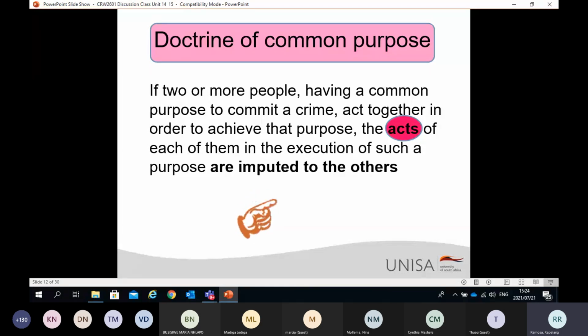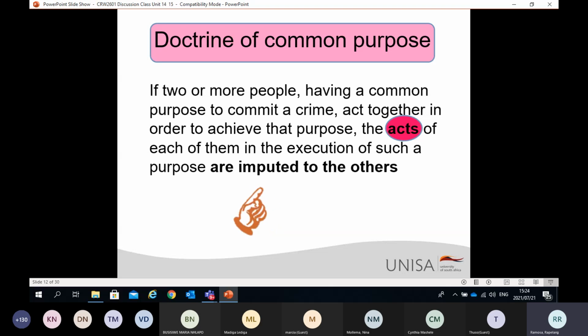And then obviously they must act together in order to achieve that purpose. There can't be any disjuncture in terms of acting together. And then importantly, it is the acts that are imputed, not the intention and not the liability.